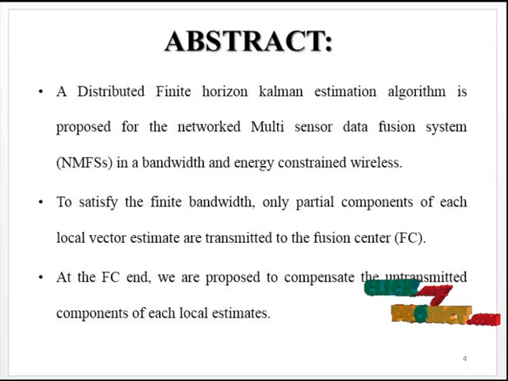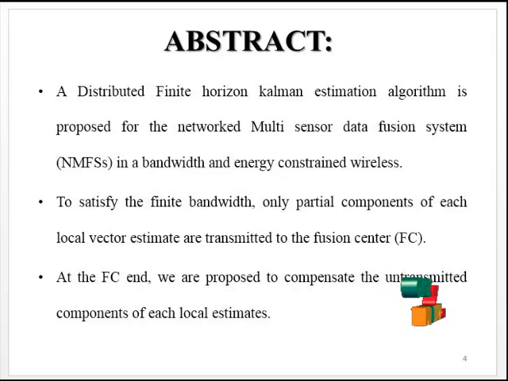The state estimation and sensor network node deployment is the most important process. The state estimation of each node distribution using data fusion systems in a Kalman filter based approach is discussed in this paper. A distributed finite horizon estimation algorithm is proposed for networked multi-sensor data fusion systems in a bandwidth and energy constrained network.